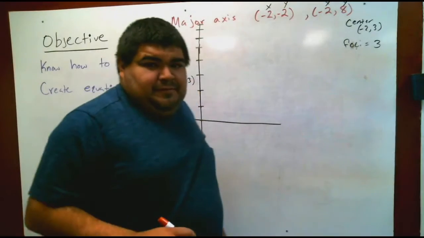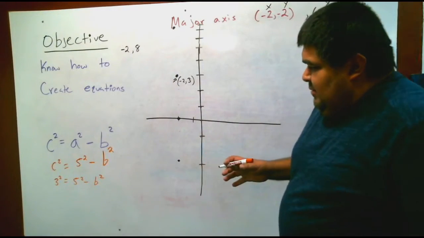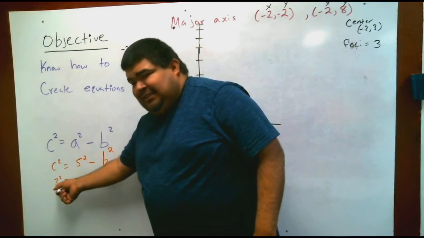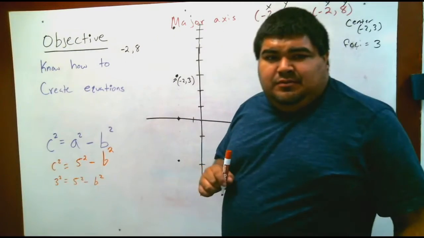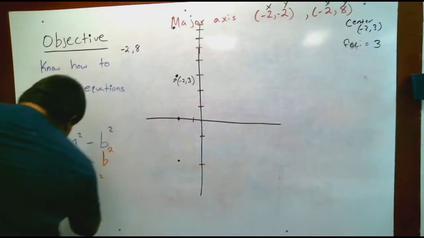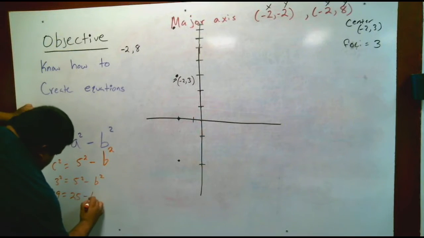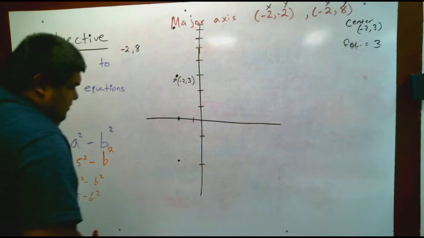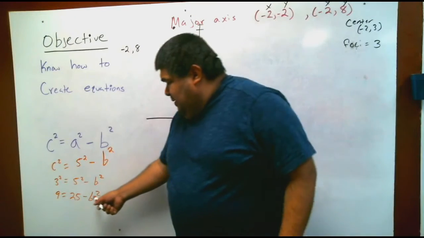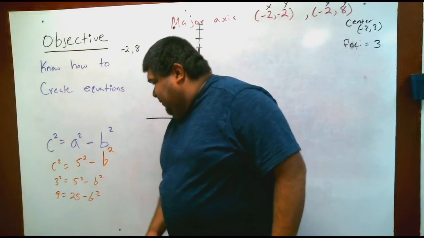Keep in mind, we have 3 times 3, which is 9. 9 equals 25, because 5 times 5 is 25, minus B squared. We are going to move the B squared to the other side, so it becomes positive B squared.